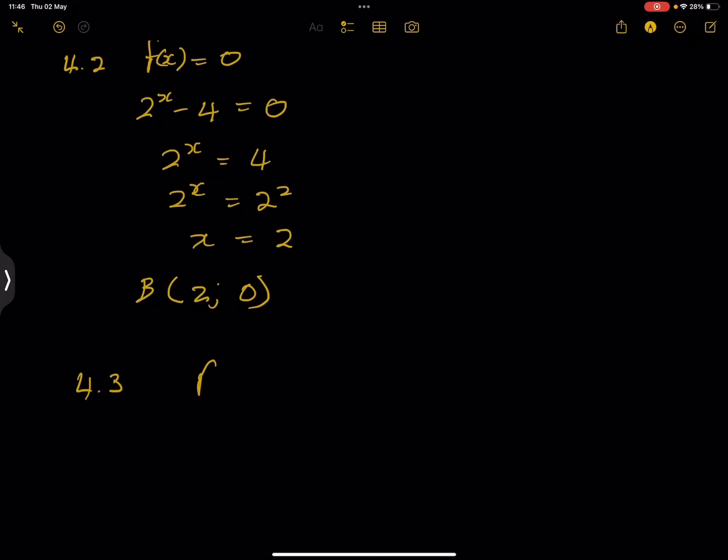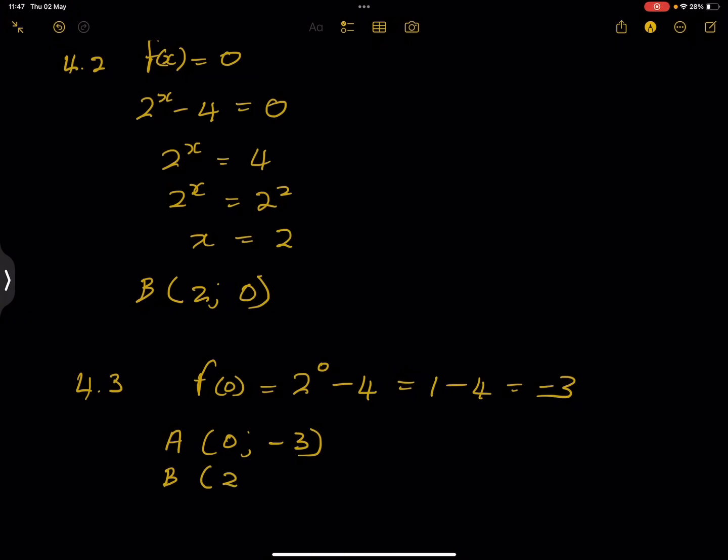So if I say f of 0, this is where x is equal to 0. This will be 2 exponent 0 minus 4. Anything to the power 0 is 1. So that's 1 minus 4, which gives us negative 3. Which means the coordinates of A are 0 and negative 3. And B, we remember, is 2 and 0.